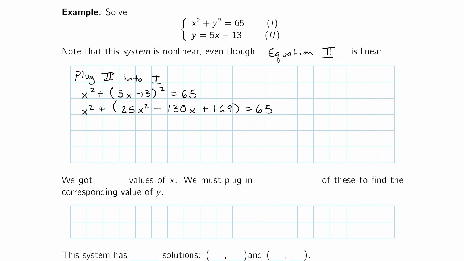Let's see, combining like terms on the left, we'll have 26x squared minus 130x plus 169 is 65. Subtract 65 from both sides.